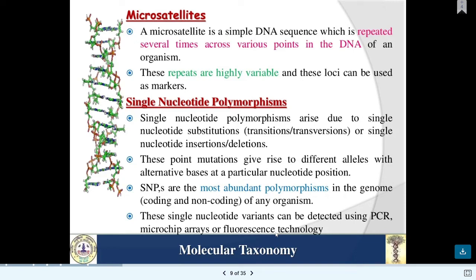Single nucleotide polymorphisms are the most abundant polymorphisms in the genome, either coding or non-coding, of any organism. These single nucleotide variants can be detected using PCR, microchip arrays, or fluorescence technology. With the help of these technologies, we can understand SNPs.